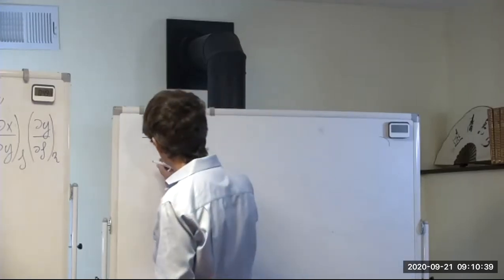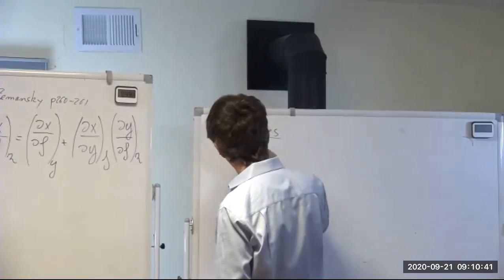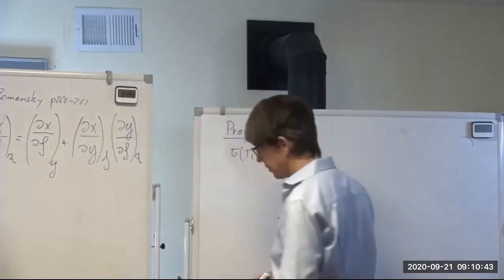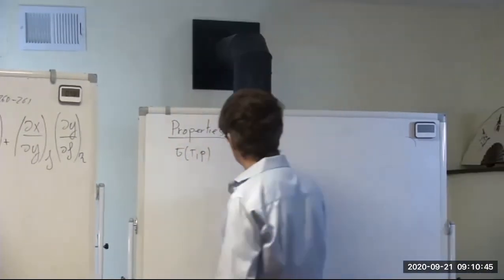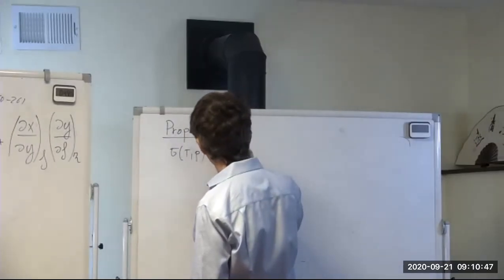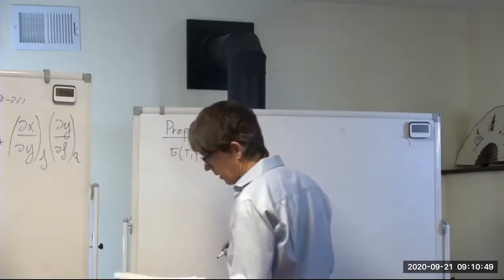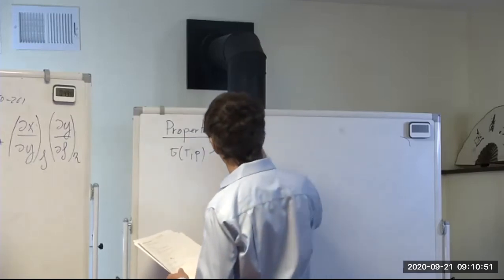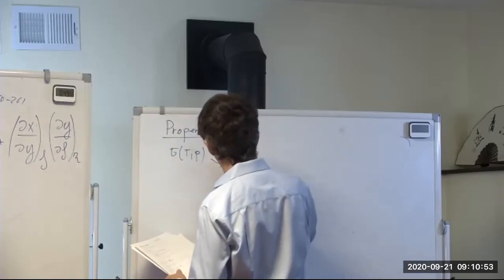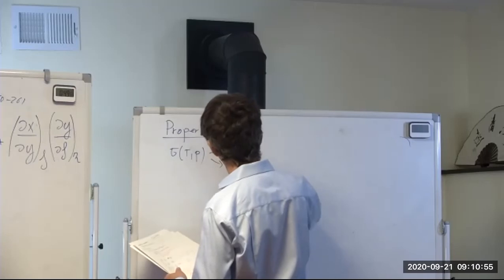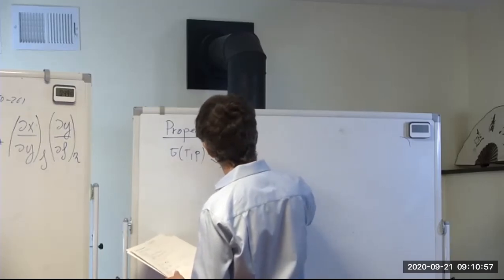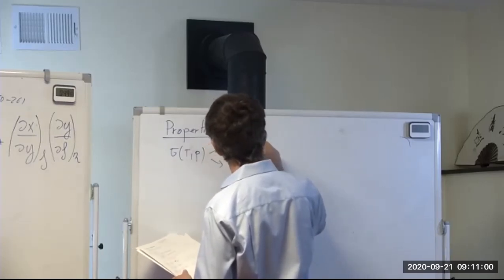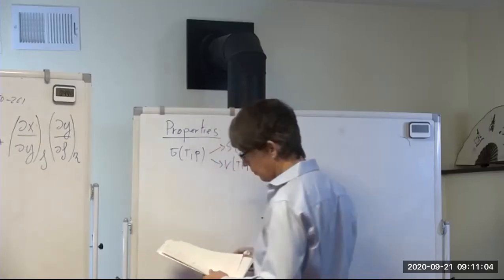So let me first do this for G, which is a function of T and P, if we have a simple system with only PV work, which means that entropy is the first equation of state: entropy as a function of temperature and pressure, and volume as a function of temperature and pressure is the second equation of state.